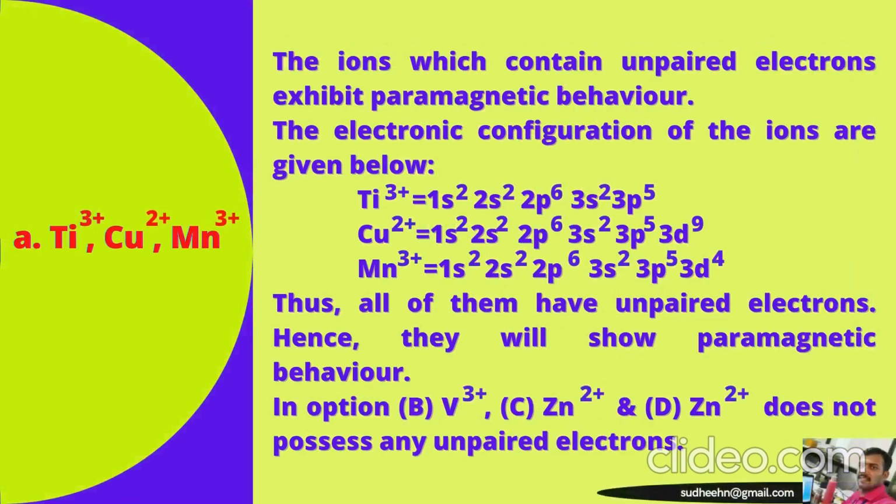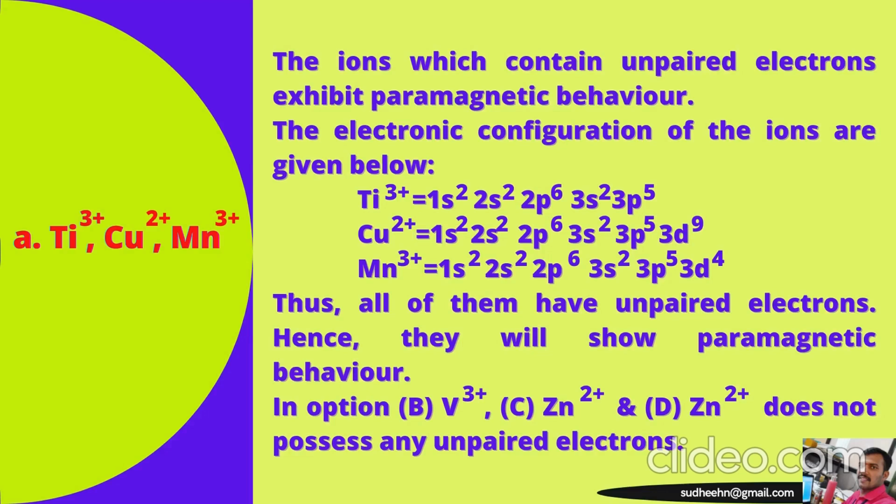And the right option is option A, that is titanium, cupric, and manganese ions, because the ions which contain unpaired electrons exhibit paramagnetic behavior. The electronic configurations of the ions are given below. For titanium, Ti3+ ion, that is 1s2, 2s2, 2p6, 3s2, 3p5.